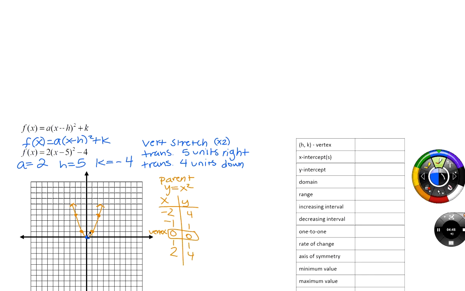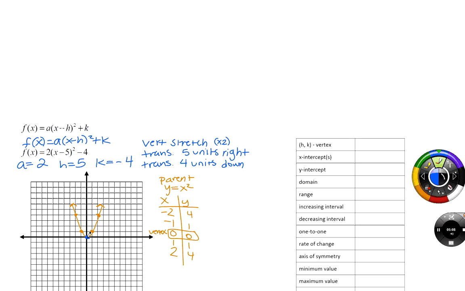But these other points are vertically going to stretch by 2. So they're not going to do anything horizontally, nothing left or right. But however far they used to be from that x-axis or from that vertex point is now going to get multiplied by 2. So this point right here, how far is it from the vertex point vertically?